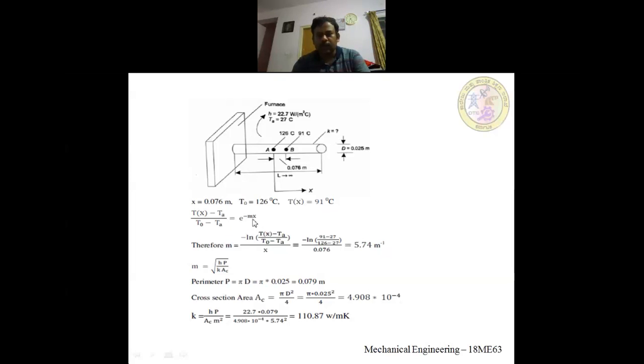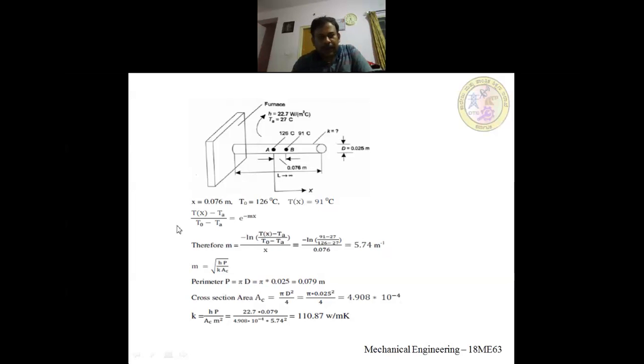You know, log A to the base A is 1. Similarly, ln e, the base of the natural logarithm is also e, so it will become 1, minus mx into 1 will become minus mx. So what is m? m will be ln of this divided by x.